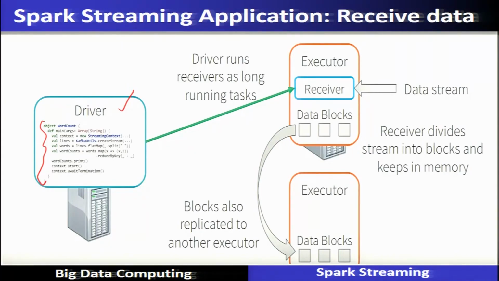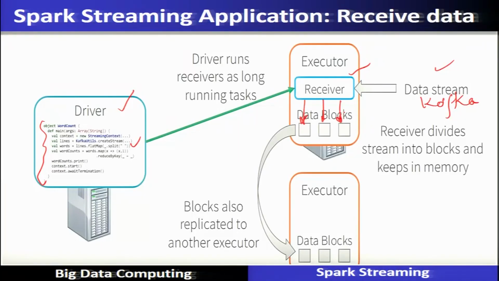The driver in turn runs the receiver as a long running task. These tasks are given to the executor, and the executor has the receiver which will receive the live data stream from Kafka. After receiving the data from Kafka, the live stream data will be received in the form of lines, and these lines will be stored in the form of data blocks.